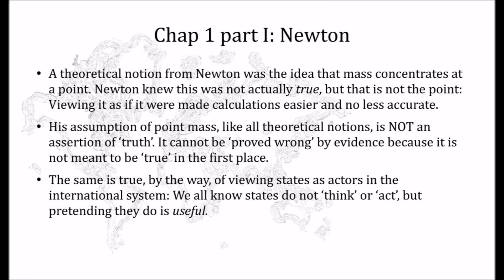Newton knew that mass does not concentrate at a singular point, but that's not the point. Viewing it as if it were true makes calculations easier and no less accurate. Okay? His assumption of point mass, like all theoretical notions, is not an assertion of truth. It can't be proved wrong because it's not meant to be true in the first place.